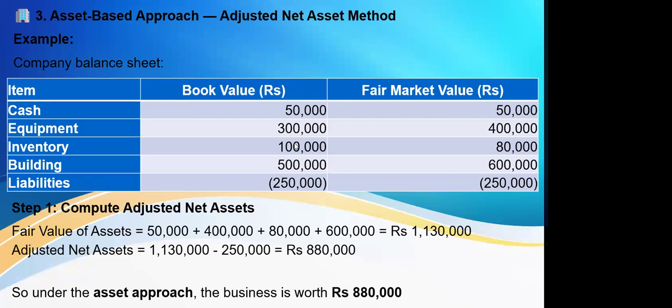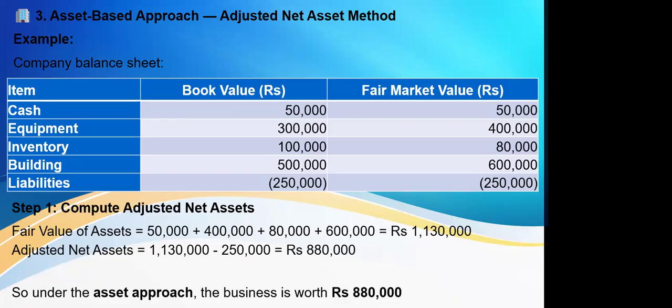Asset-based approach. This is very simple. If I ask you this type of sum in the paper, you can easily score marks. Now, asset-based approach, adjusted net assets method. What we are going to find here is the net assets.